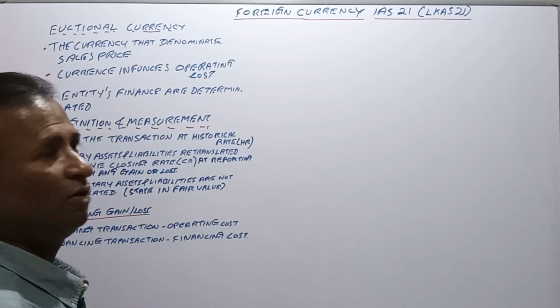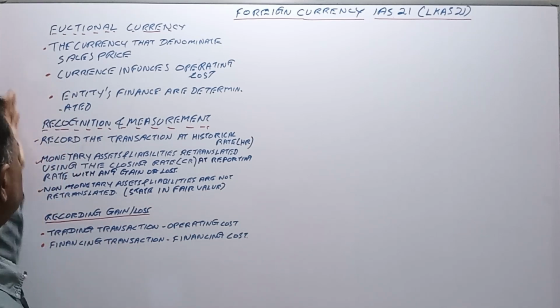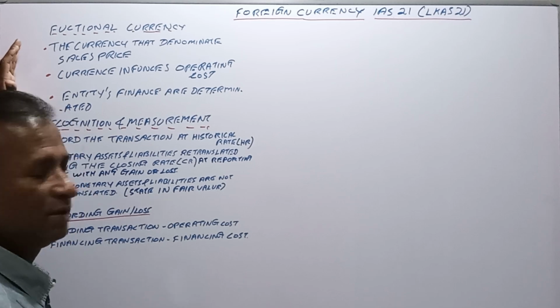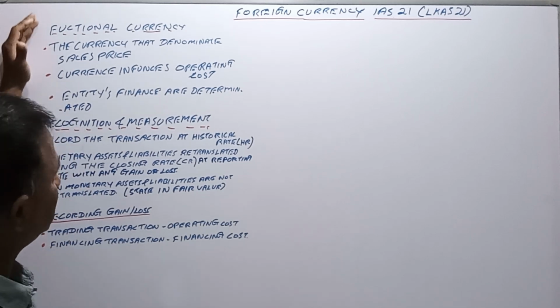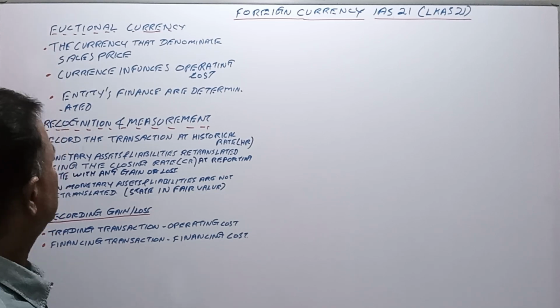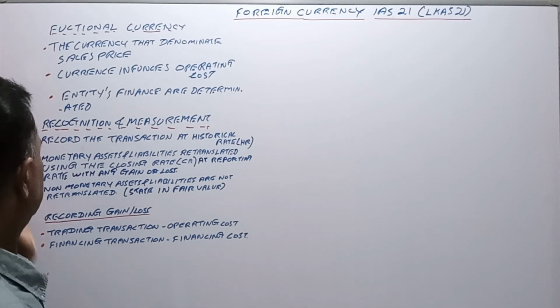Recognizing the functional currency we have seen earlier. This is the recording of measurement, right?